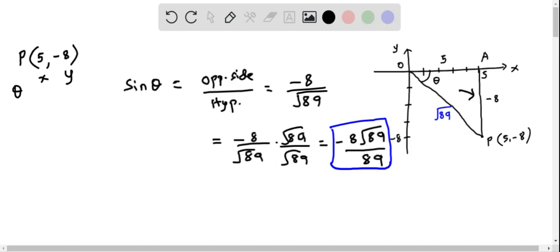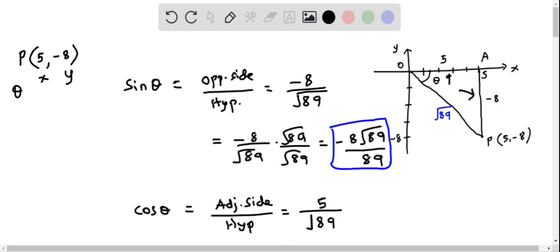And now we will determine cos theta. We know that it is adjacent side over hypotenuse. The adjacent side to theta is 5, divided by the hypotenuse, root 89. Once again, if we rationalize this by multiplying the numerator and denominator by root 89, we will get 5 times root 89 over 89.